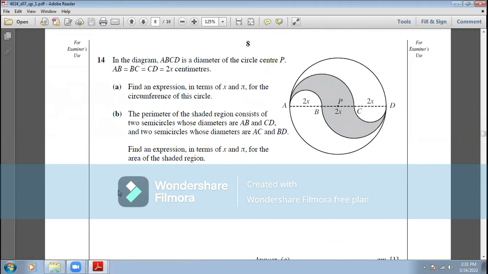He says the perimeter of the shaded region consists of two semicircles whose diameters are AB and CD, and two semicircles whose diameters are AC and BD. Find an expression in terms of x and pi for the area of the shaded region. You see, if you want to find the area of this shaded region, my technique is very simple.